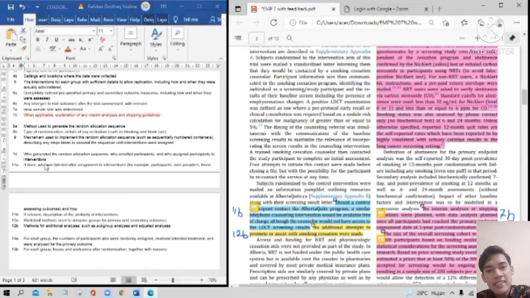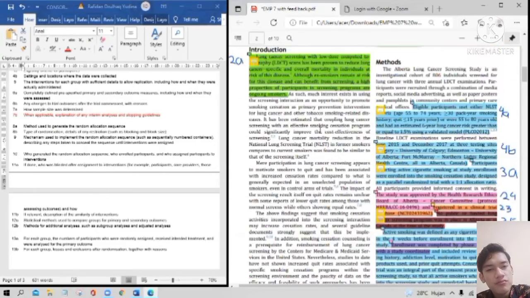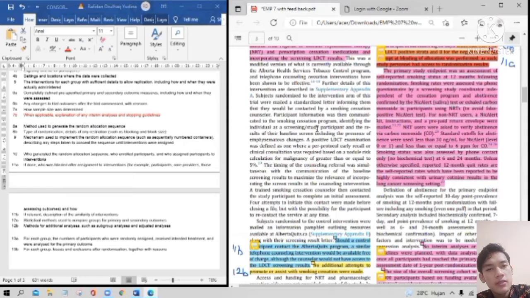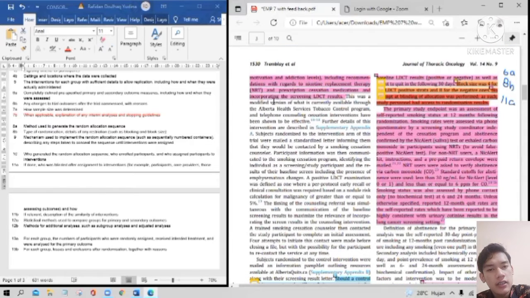And the next checklist, number 11A, if done, who was blinded after assignment to interventions, for example participants, and how. Okay, number 11A. You can see there is a sentence about blinding.